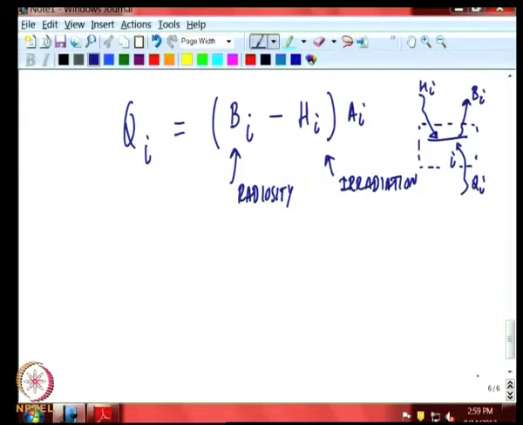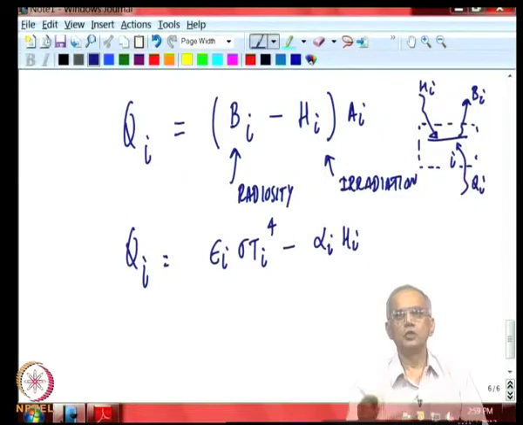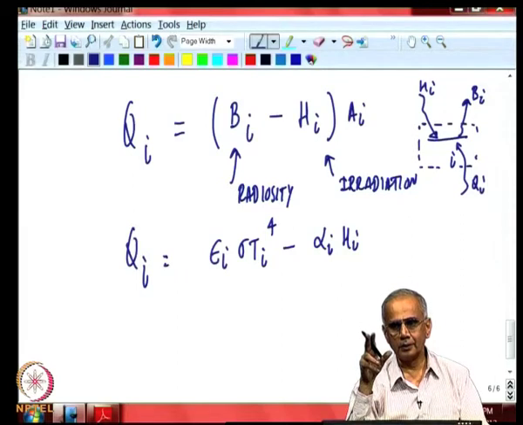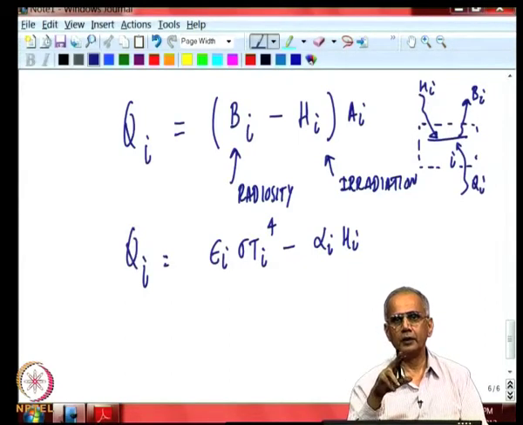You also recognize this problem can be written another way. Heat to be added is also equal to, like we did for black, energy emitted minus energy absorbed. Both are equivalent. One is treatment using control volume. You actually do not worry about the process of absorption, reflection and emission. You merely count the photons coming in and photons going out, and the difference between them has to be balanced by the heat added.